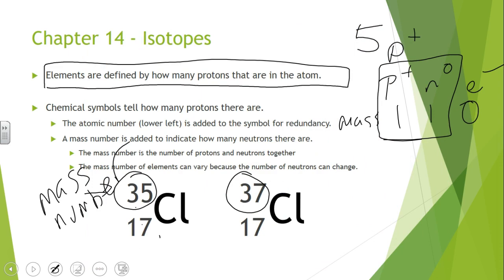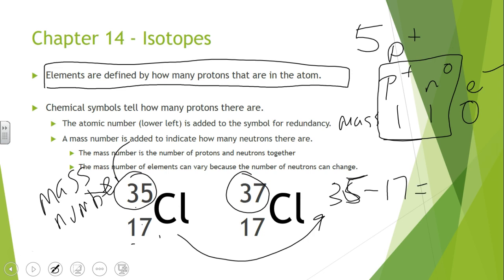Anyways, here we have a mass of 35 for this isotope. Okay, so that means that 17 of the mass is taken up by protons. So how much of the mass is neutrons?